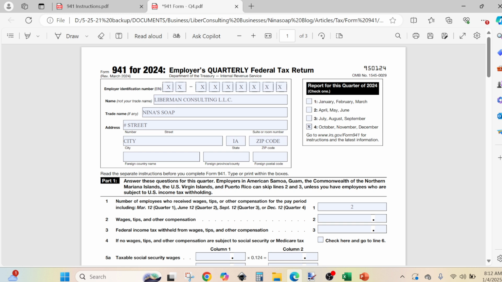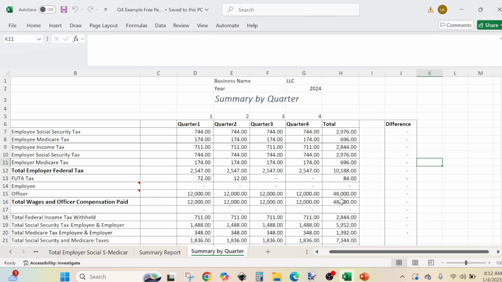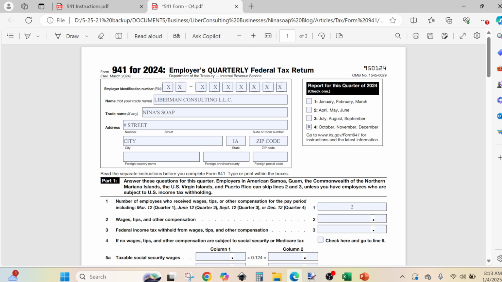Total wages, tips, and other compensation paid during quarter 4. Because again, Form 941 is a quarterly federal tax return. We are going to go to quarter 4, and total wages paid is 12,000. So in this example, we are going to enter 12,000.